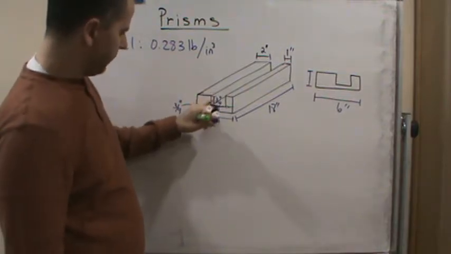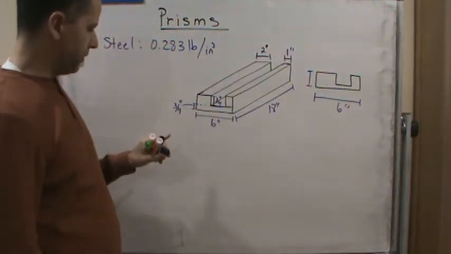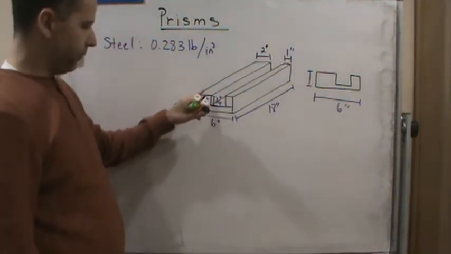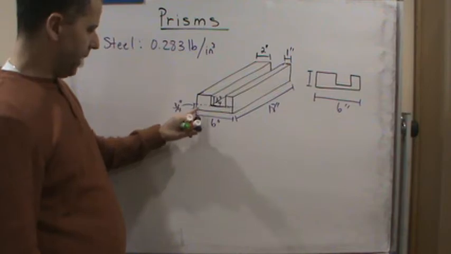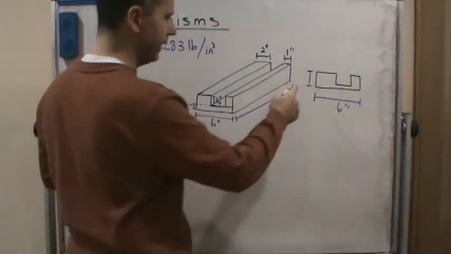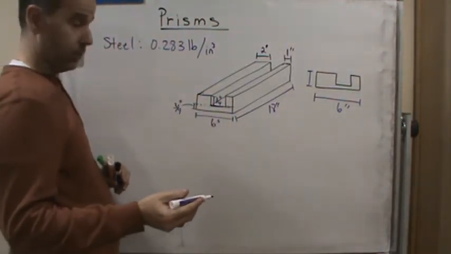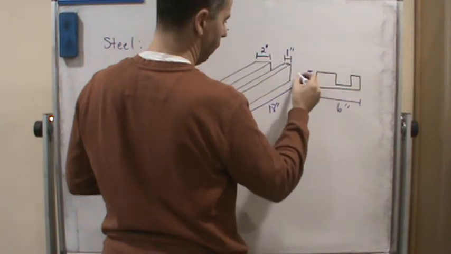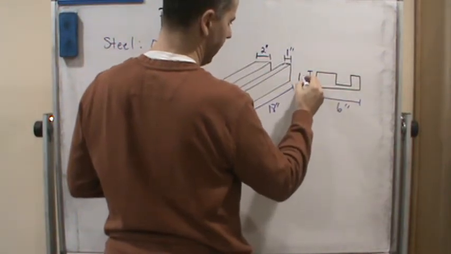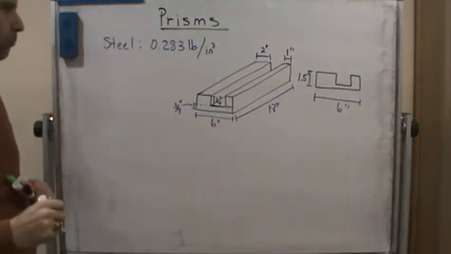And this here, from the top to this part where it's cut out, is also 3/4 of an inch. So the depth from the top to here and from the bottom to here is the same, 3/4 of an inch. So we can get the total height by adding those, which is going to give us 6/4 or 1.5. So 1.5 inches is the height there.